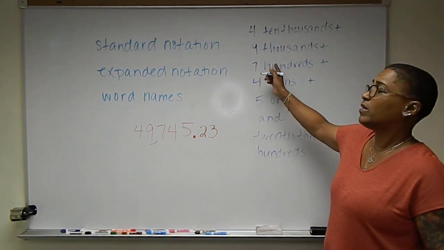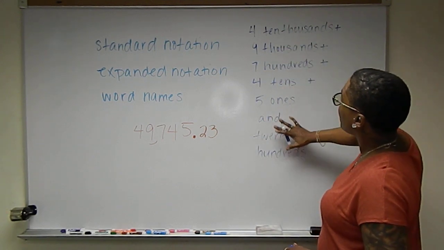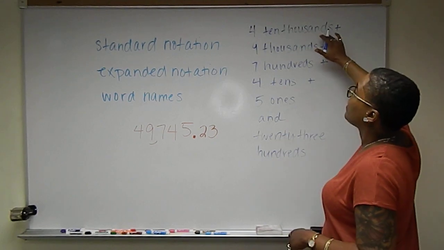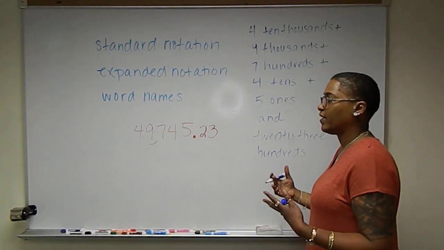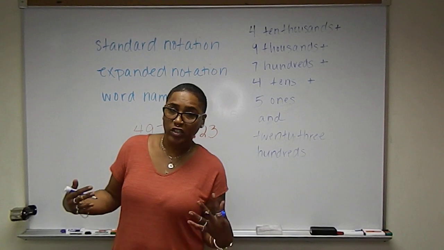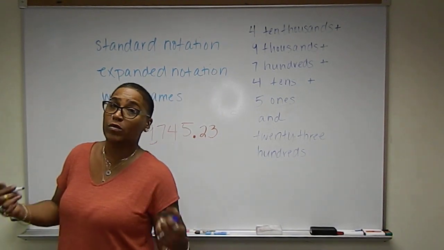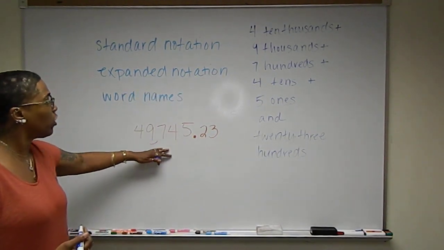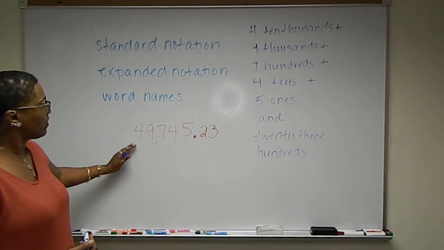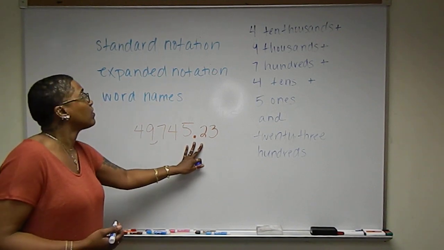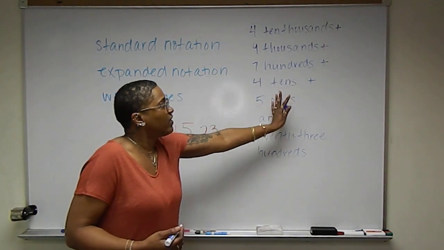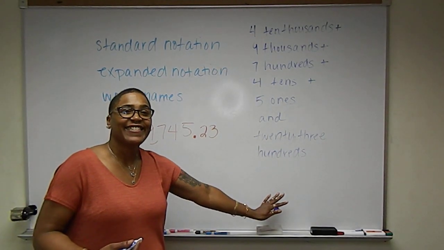This is called expanded notation because we've expanded to show what digits we've added together to get this cumulative amount, this big whole total. Standard notation is written like this. Expanded notation is written like this.